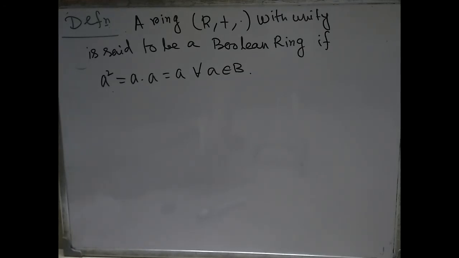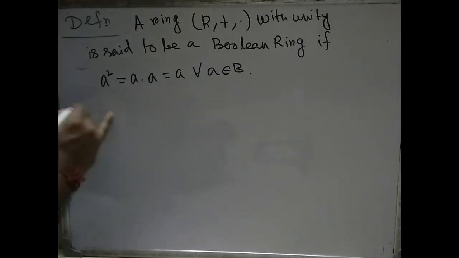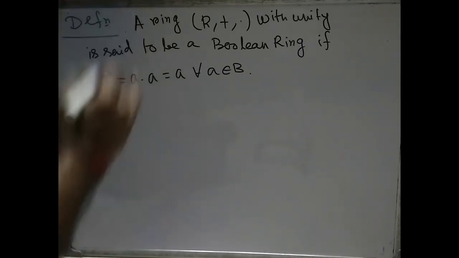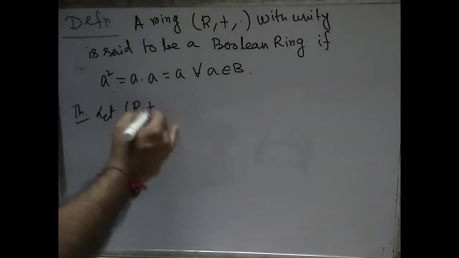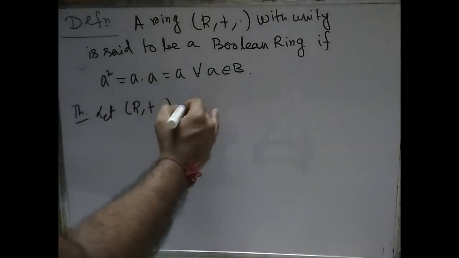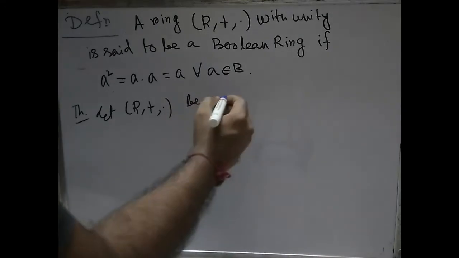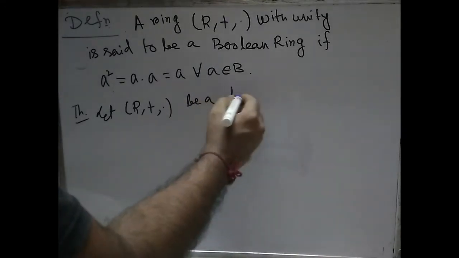and it is quite interesting that, theorem, let R, plus, dot be a Boolean ring. Okay.